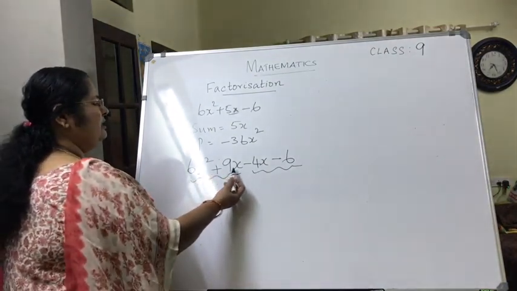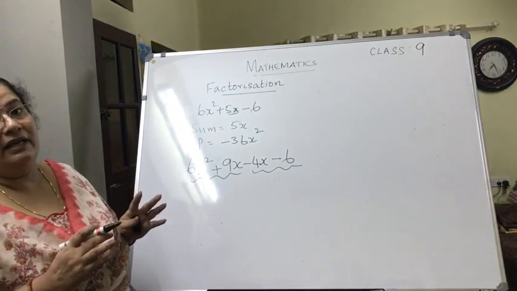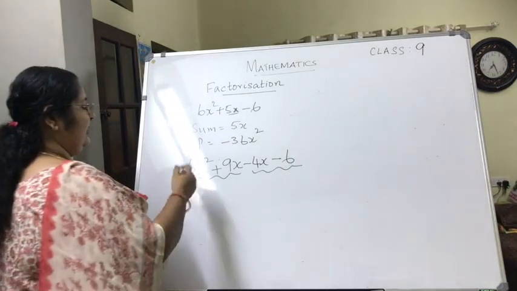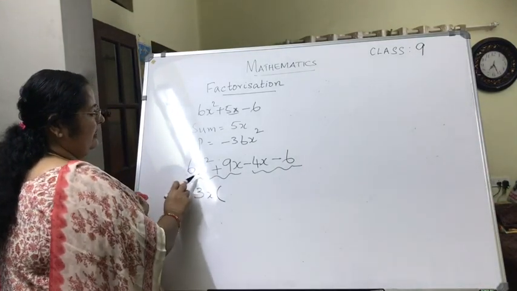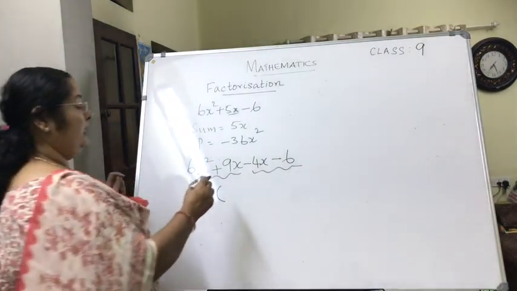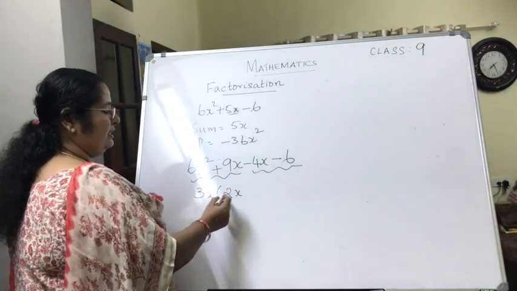Now here what is common? In 6x square plus 9x, what is common there? You are having a 3x common. So take the 3x out. So 3x into what will give you 6x square? 2x. 3x into 2x will be 3 into 2, 6, x into x, x square.